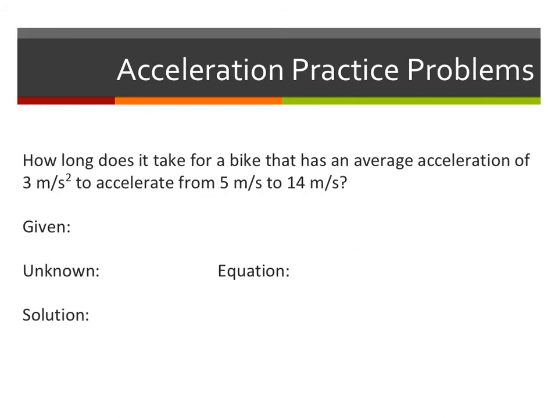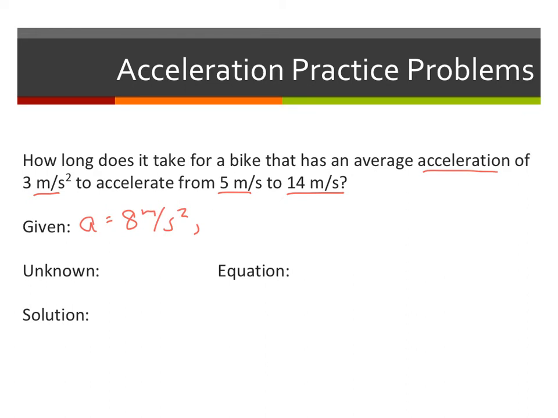Let's try another one. How long does it take a bike that has an average acceleration of 8 meters per second squared to accelerate from 5 to 14 meters per second? So right now it says an acceleration of 8 meters per second squared, so a equals 8 meters per second squared. Now it goes from 5 meters per second to 14 meters per second.